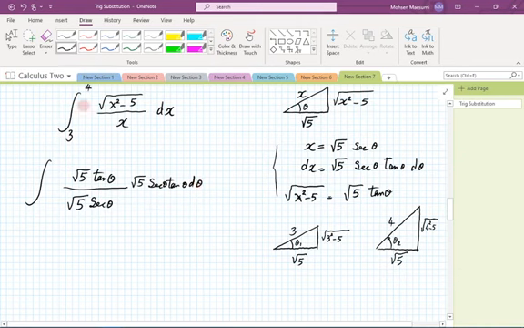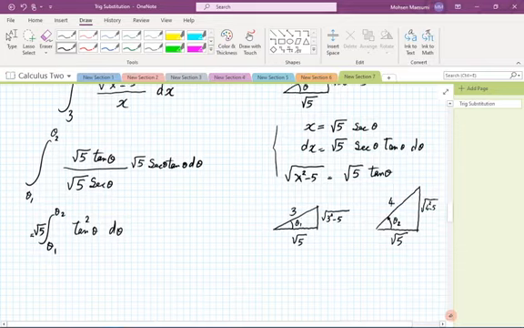Now these two numbers can be replaced by whatever angle number 1 is and whatever angle number 2 is. So we are going from here to here. Then I clean up. Radical 5, radical 5, radical 5. One of them survives. Secants cancel. I have tan squared d theta.